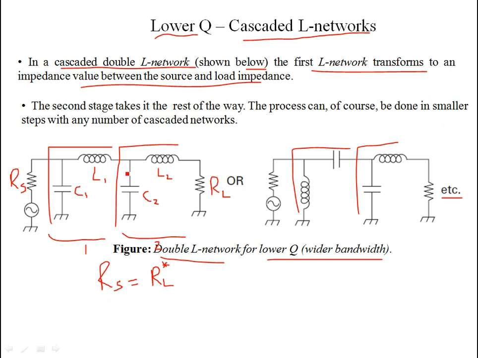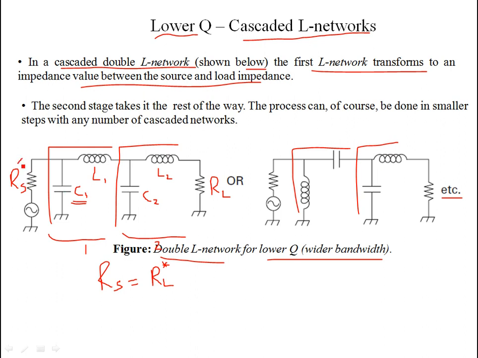Now you see, if RS and RL are not equal, and if you recall our previous discussion on L networks, the basics are that you keep the shunt element, this is your shunt reactive element, which could be capacitive or inductive, across the higher source impedance.